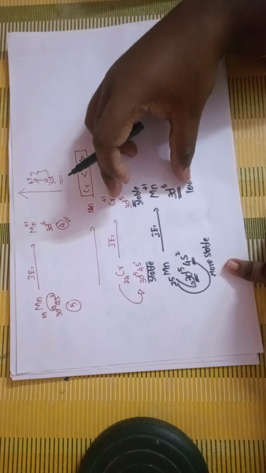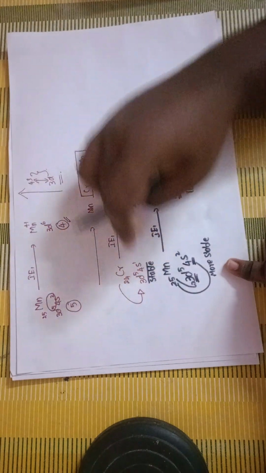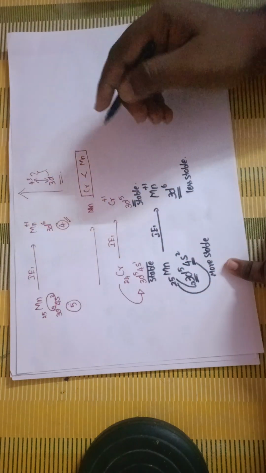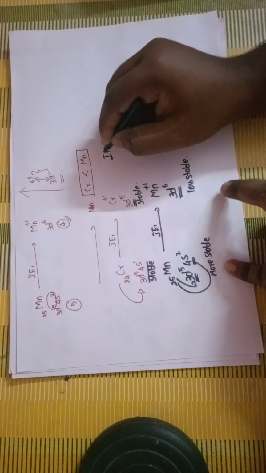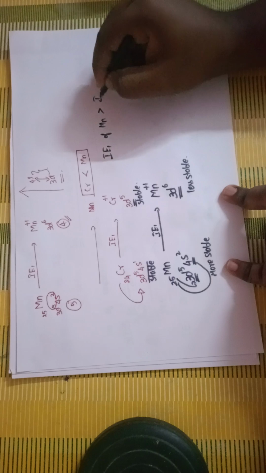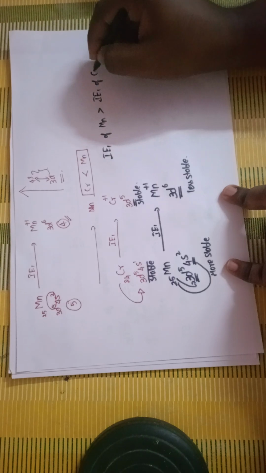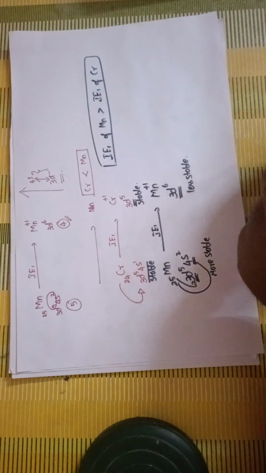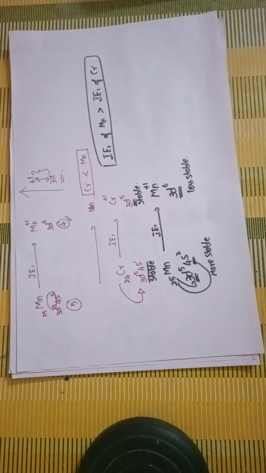So which one will require a large amount of energy? Here both are stable. Here this one is more stable, this one less stable. So IE1 of manganese will be greater than IE1 of chromium.